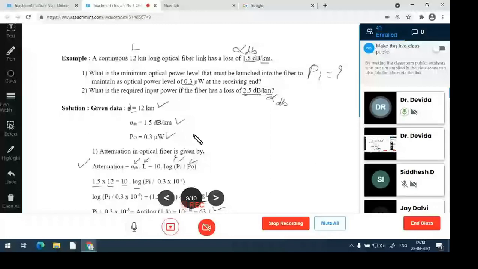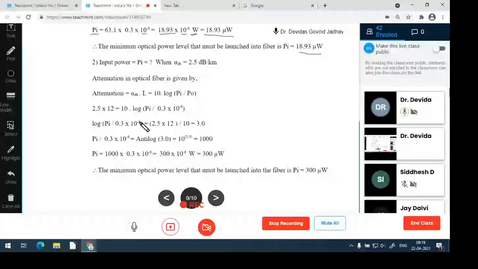Again the same calculation with alpha dB equal to now 2.5 dB per kilometer. Now 2.5 is taken as alpha dB instead of 1.5.